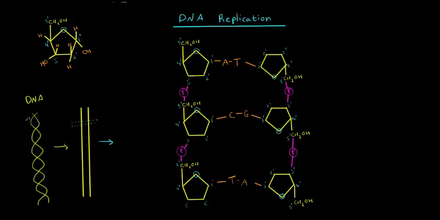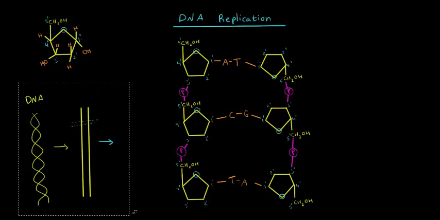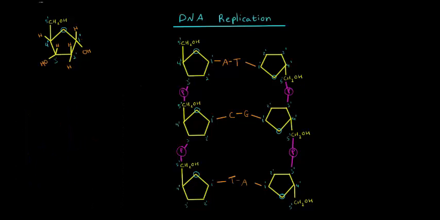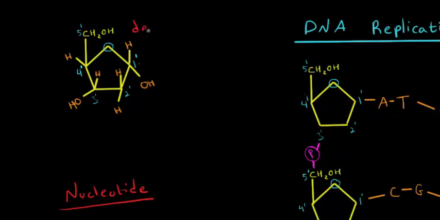seeing in the middle. So the functional unit that makes up DNA is known as a nucleotide. And a nucleotide is made up of three components. The first is a sugar, or more specifically, deoxyribose.